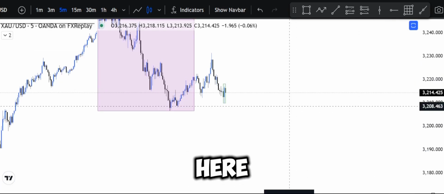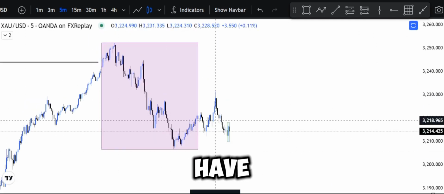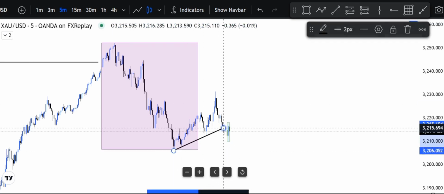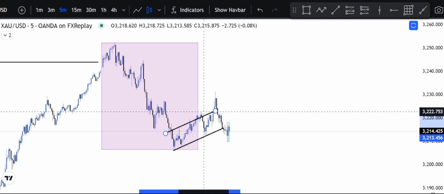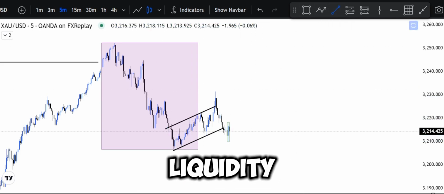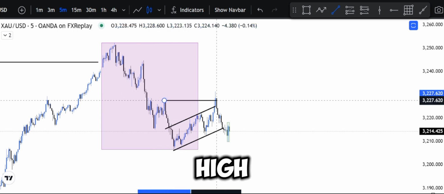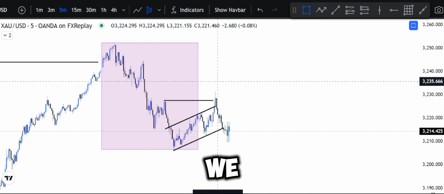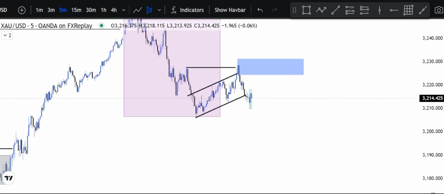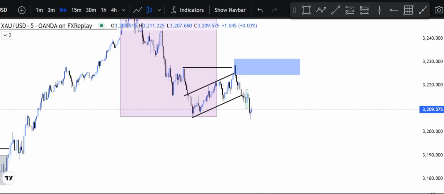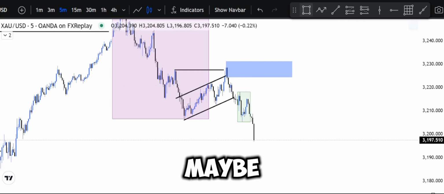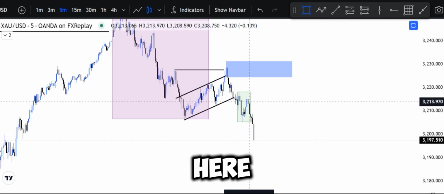What do we have here? We have build up. This build up was induced, also took liquidity from this high. Now we can trade this one. Maybe it won't come back all the way here.